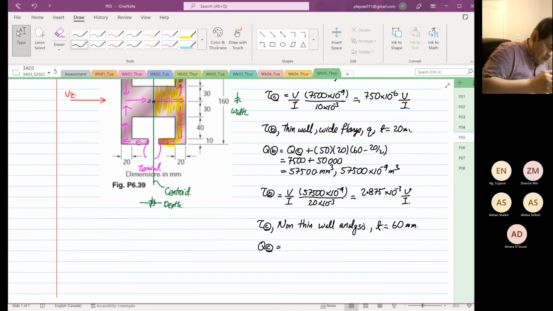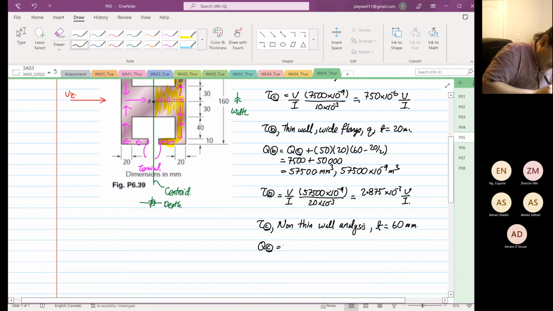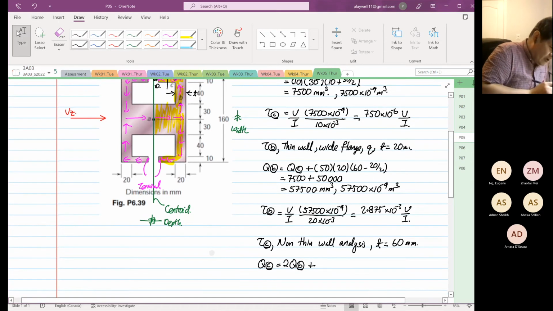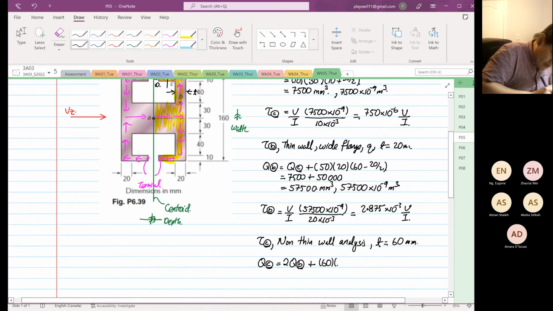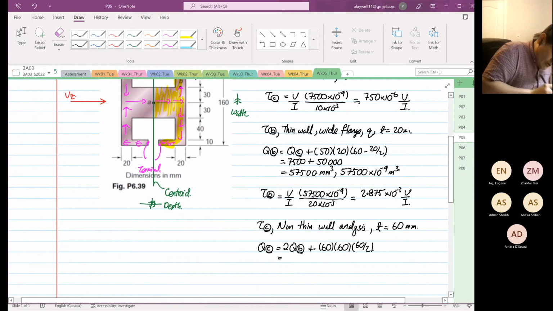Okay, so we know that we have to have twice of QB, plus, so now the width is 60. The depth is also 60. Multiplied by 60 divided by 2. Okay, so the twice of QB is 57,500 plus the width is 60, the depth is 60, times 60 divided by 2 is 108,000.